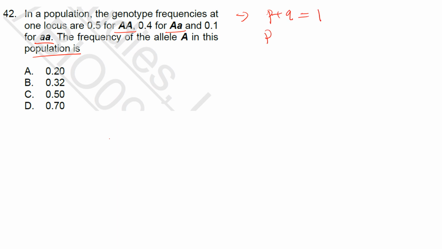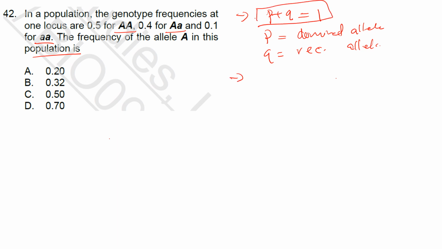Okay, P is for the frequency of dominant allele. Q is the frequency of the recessive allele. Okay, so 1 is equals to 100%, because we are concentrating on frequencies. Alright.